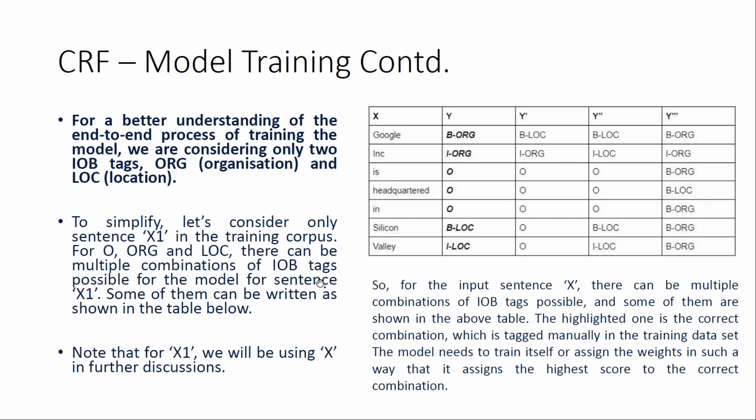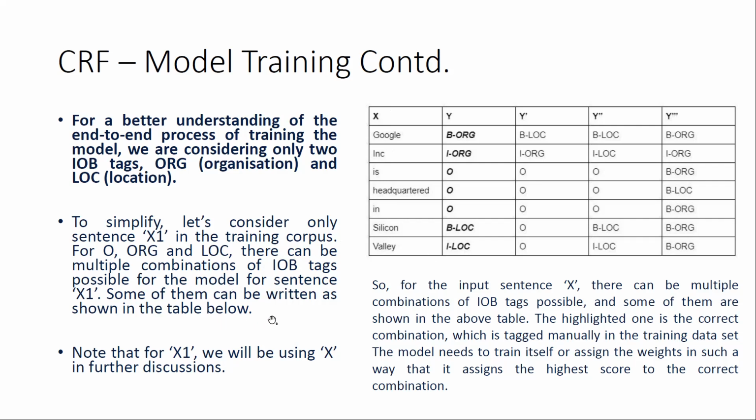To simplify, let's consider only sentence x1. We are saying that x1 is x because we are only considering the first sentence for understanding purposes, but there can be multiple sentences. You can pick any example out of those. So to simplify, let's consider this example for O, ORG, and LOC. There can be multiple combinations of IOB tags possible for the sentence x1.